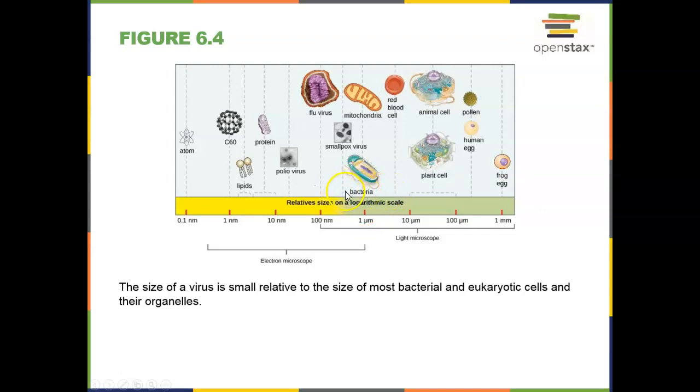But when we look at some of the largest viruses, they are smaller than some of the smallest bacteria. And so we can move over, and you can see there are some viruses that are so small, they are 1/1,000,000th or less the size of a millimeter. So they're super, super tiny.